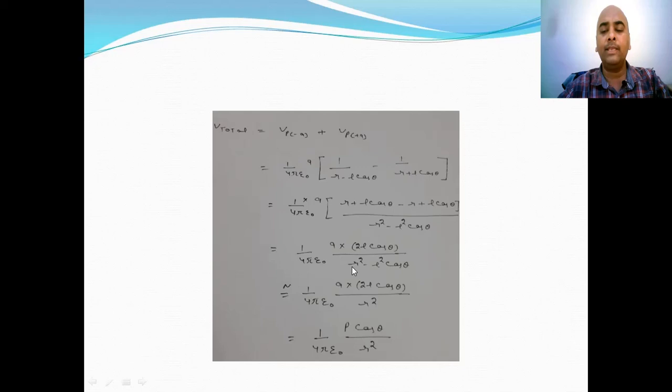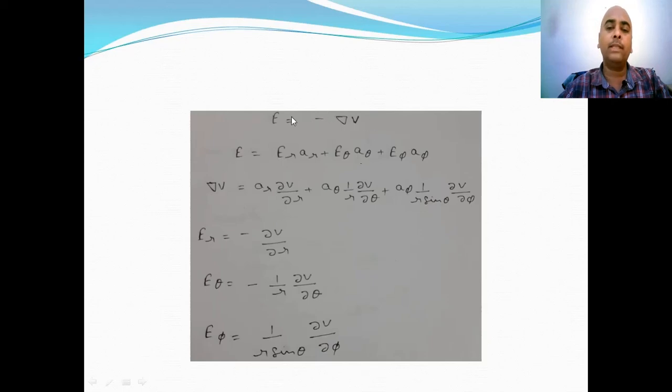So when r is much greater than 2l, this can be nearly estimated as 1 upon 4 pi epsilon naught q into 2l cos theta divided by r squared, because the magnitude of r squared is much more than l squared cos squared theta. In terms of the electric dipole moment, q multiplied by 2l is the dipole moment p. So the total potential at point P is 1 upon 4 pi epsilon naught p cos theta by r squared.